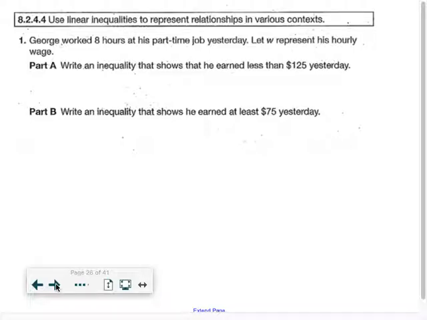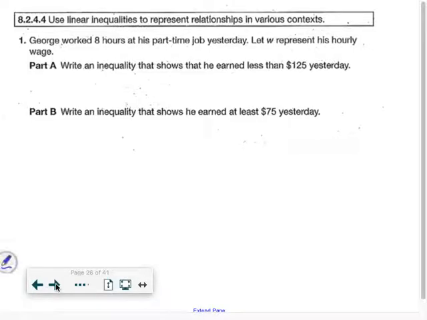Problem number 1, George worked 8 hours at his part-time job yesterday. Let W represent his hourly wage. Part A, write an inequality that shows that he earned less than $125 yesterday.